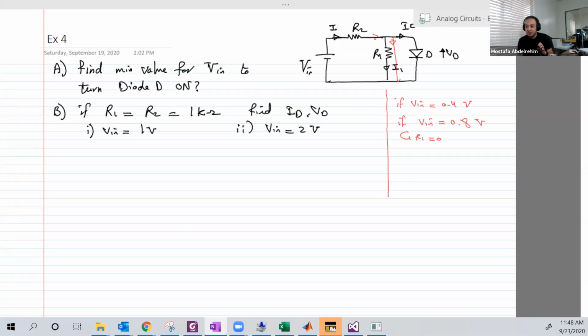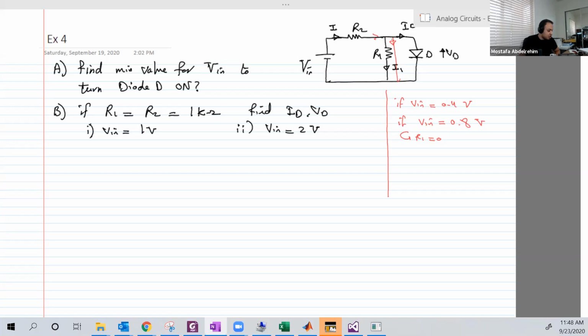So now, it's not only the input voltage value that matters. It's the input voltage value and also the resistor that is in parallel with the diode. Because when this resistor was 0, the diode couldn't conduct as well.